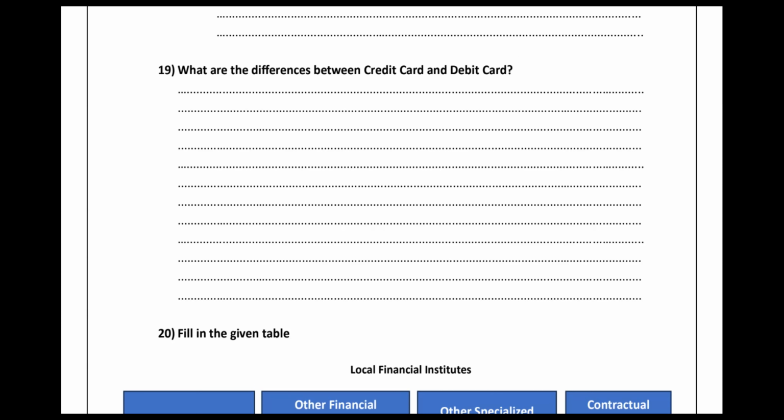And for debit cards, annual fees are low. Okay, for credit card it is high, and for debit cards it's low.